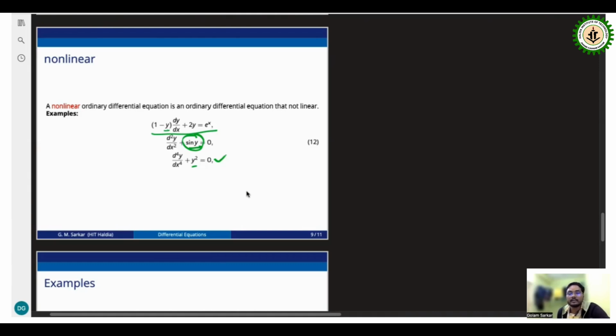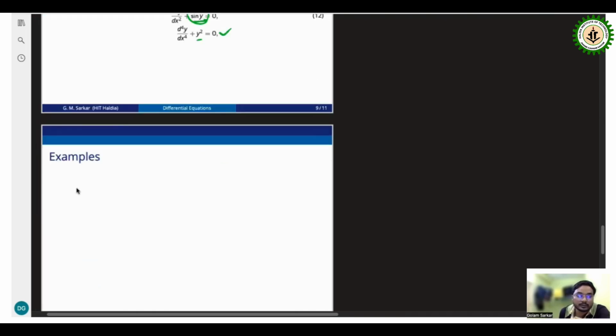We'll take a few more examples to give you a clear idea about linear and nonlinear differential equations. If I take this equation dy/dx plus e to the power y equals 0, you see the differential equation has a term which has the exponential power of the dependent variable.